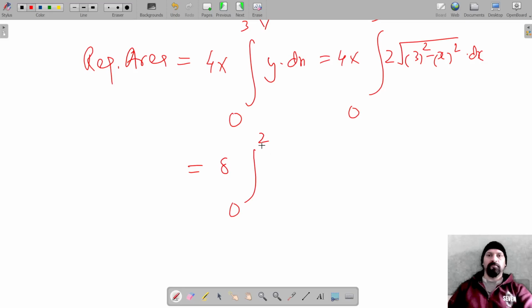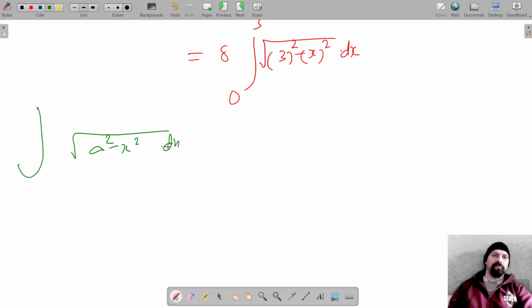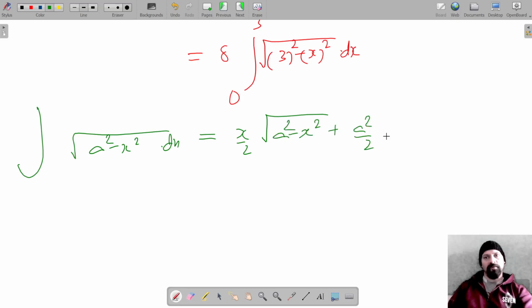So we are left with 0 to 3, this is 3, and the integration of this is now of the form square root of a square minus x square into dx. Now we know the formula for the integration of square root of a square minus x square into dx is x by 2 under root a square minus x square plus a square by 2 into sine inverse x by a. So let's use this formula here.